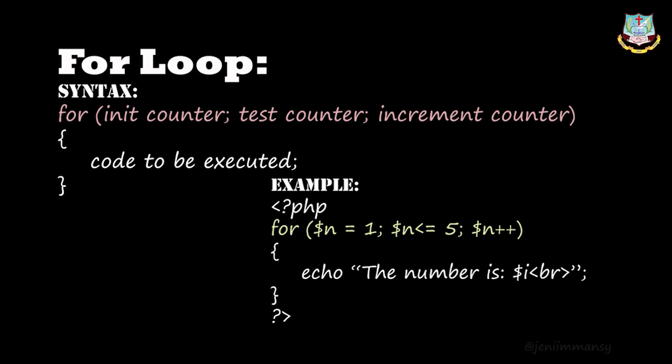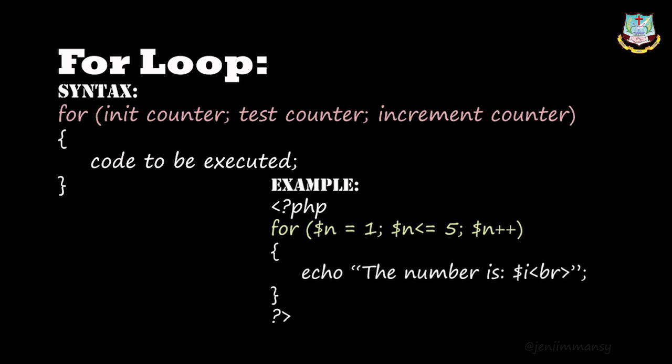Likewise, till 5 it will execute, and when you get the value of 6, n less than or equal to 5 is the condition we have given here, right? This is the test counter we have given. So when n is equal to 6, the result will be false, so the code will not be executed, it will stop.